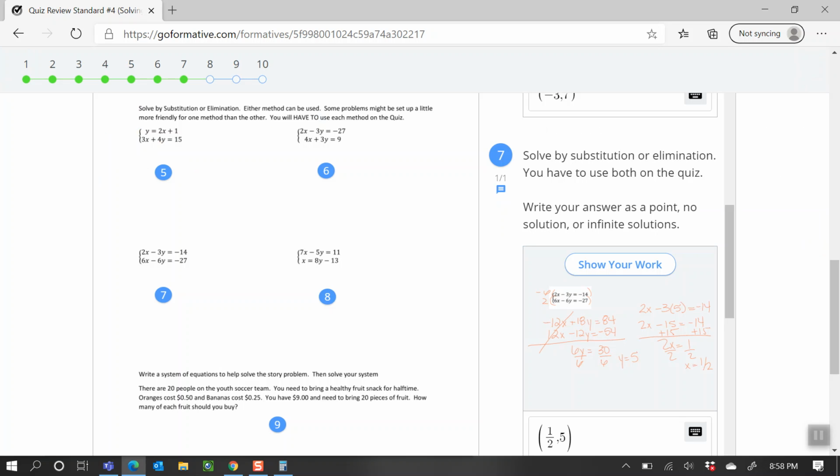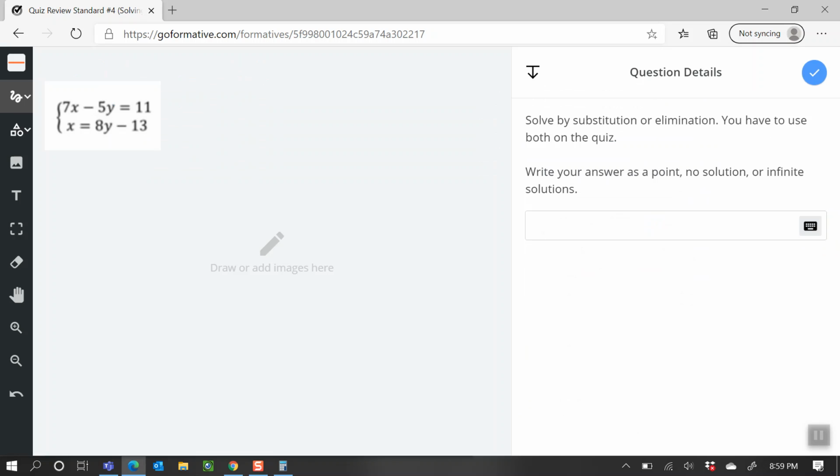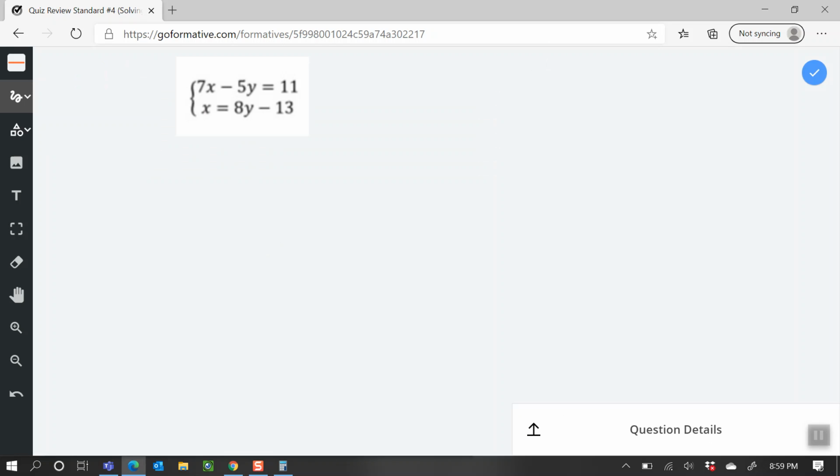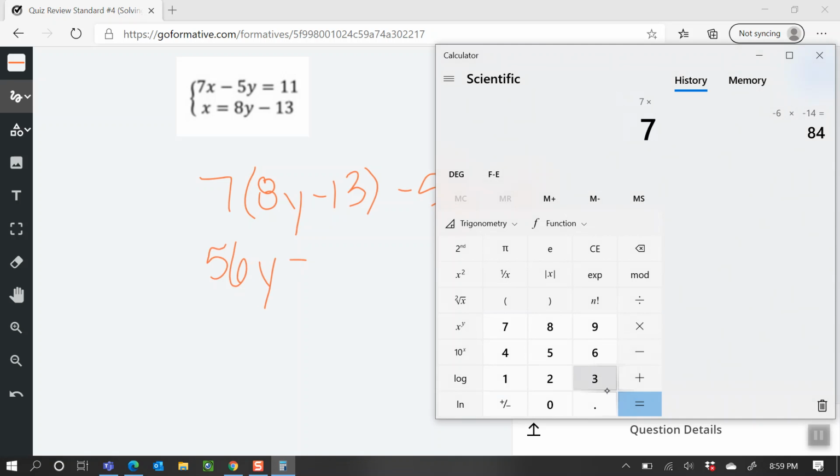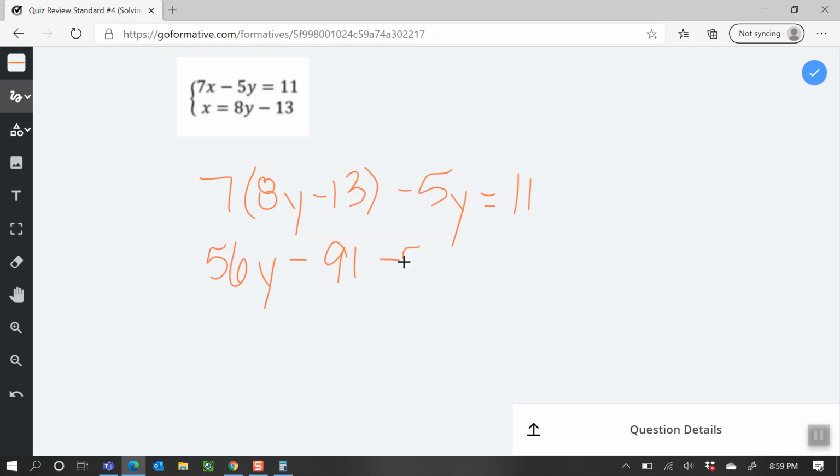Oh, excuse me. Number 8, set up for substitution. X is already by itself, so I'm going to go 7 times 8y minus 13 minus 5y equals 11. 56y minus 91 minus 5y equals 11. 56 minus 5y is 51y.